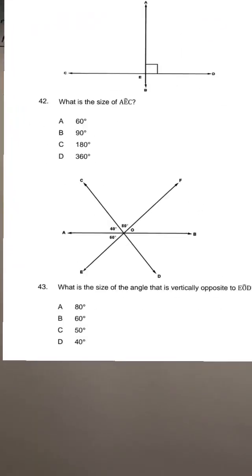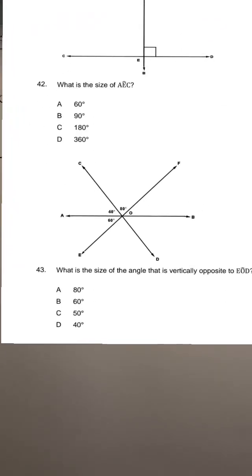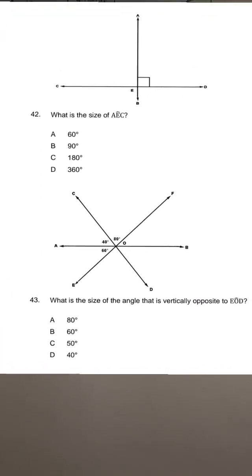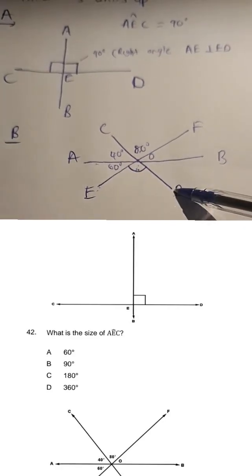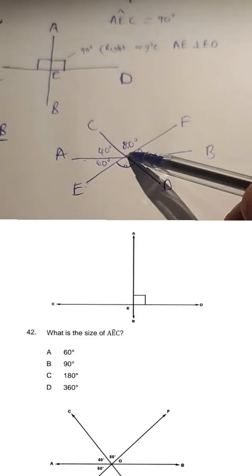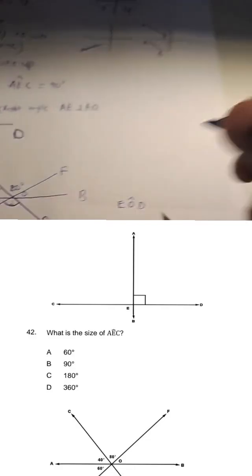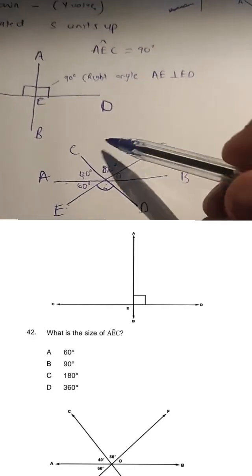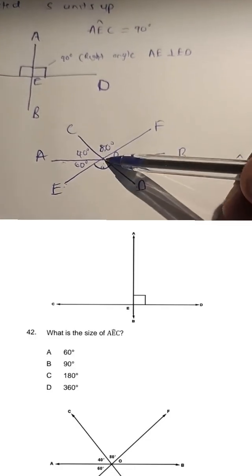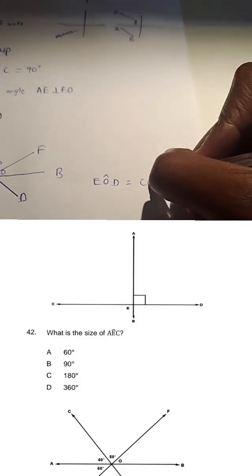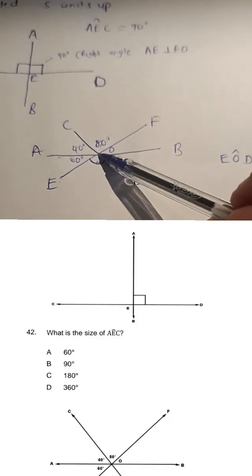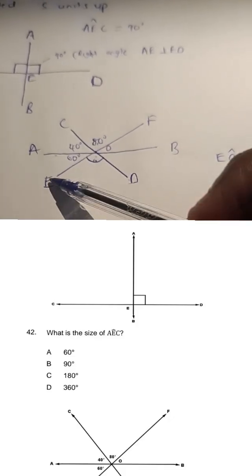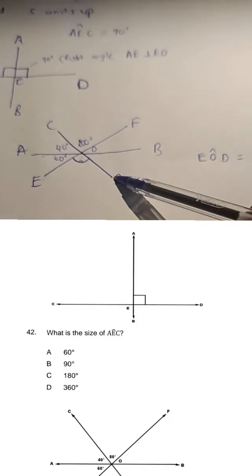What is the size of the angle that is vertically opposite to this one? So vertically opposite EOD is angle COF. COF is vertically opposite angle EOD.